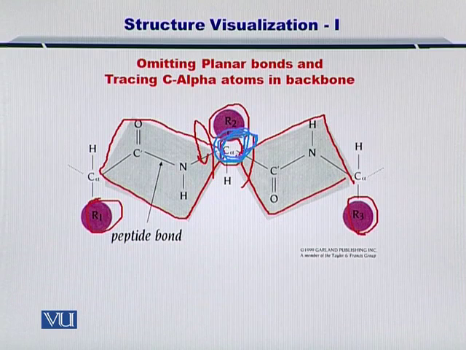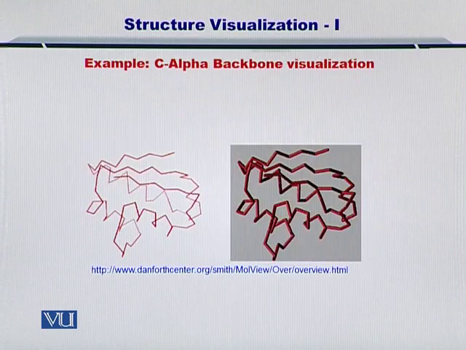If you were to know the position of all alpha carbons, you could easily plot the backbone of a protein. Here I show you an example of how a protein structure looks if you just link the positions of various alpha carbons in order in the backbone of the protein.